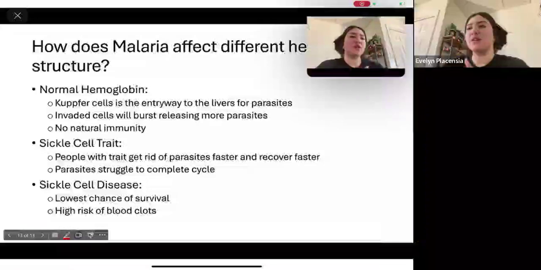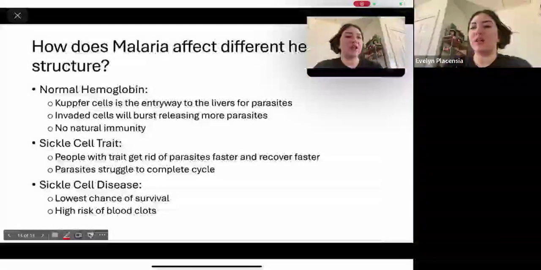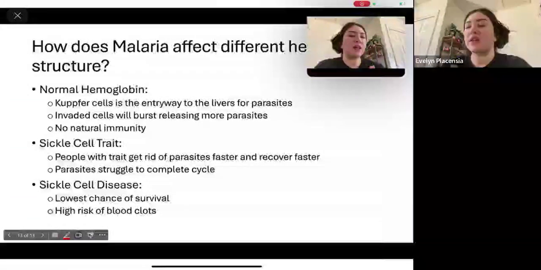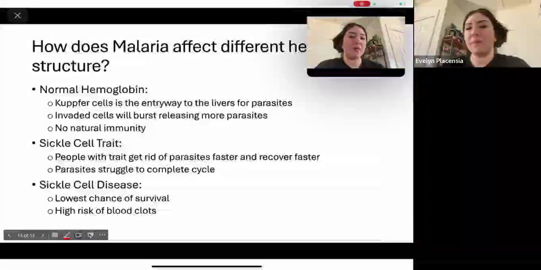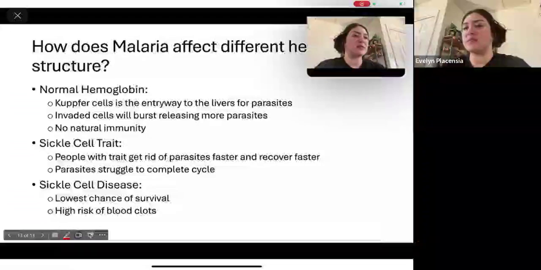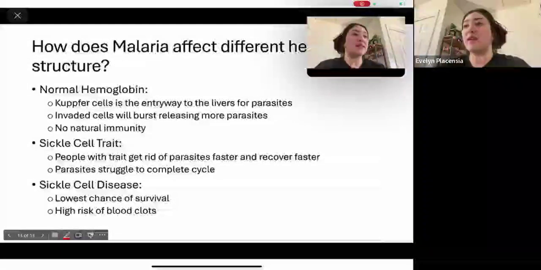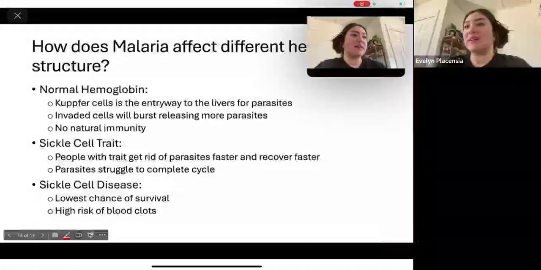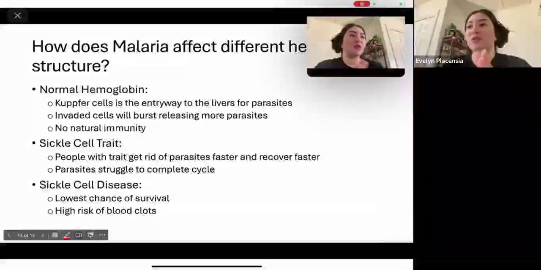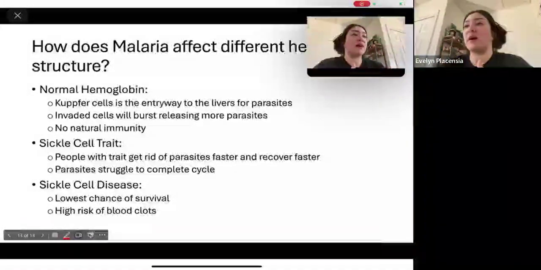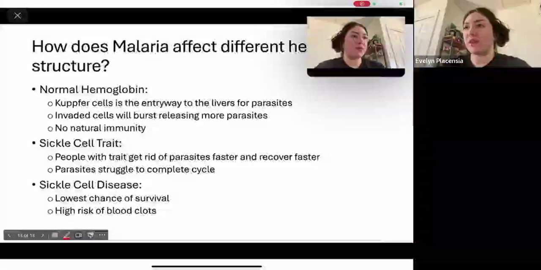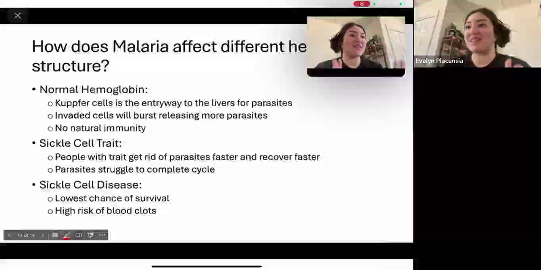But the reason for sickle cell in these areas is to gain a genetic advantage against malaria, and it is very likely that someone of African descent is a carrier for sickle cell or has the disease. And remember I said African descent, not necessarily just in Africa. It could be someone who lives in the United States and they actually have a higher chance of having sickle cell disease or being a carrier for that trait, even if they don't live in these areas where I listed that malaria is at its highest.